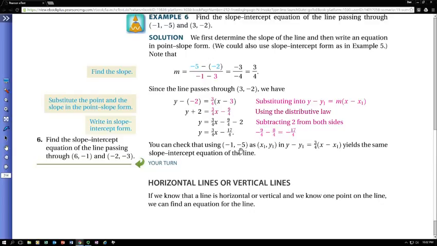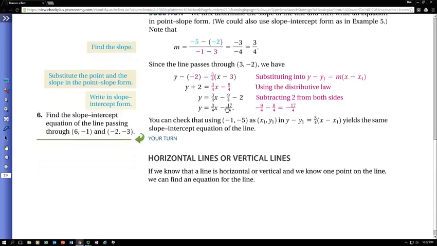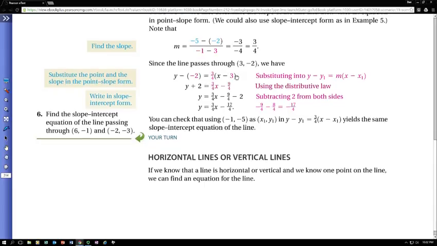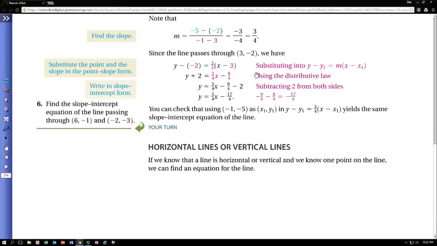I can check that. Put -1 in for x and -5 in for y and see if this is true. If it isn't, then you probably got some math error, like what I do a lot of, where I probably added something wrong. And if you have good algorithmic style, you can go through your work and hopefully find the math error rather than having to start all over again.